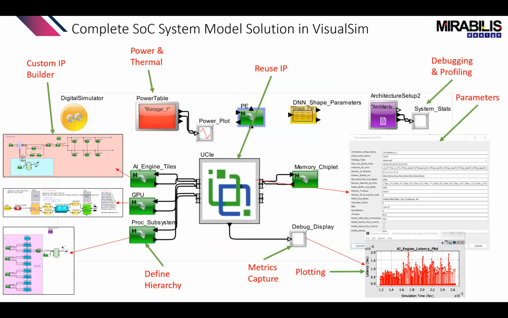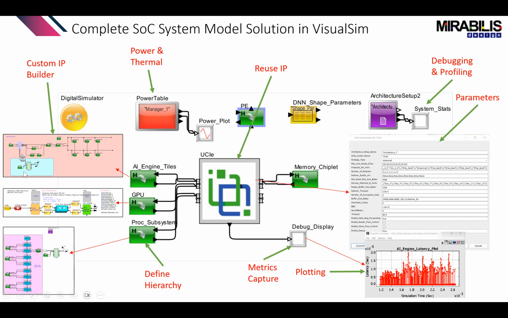Now, how does the solution work? You can build a model that uses pre-existing or reusable IP blocks that have a set of parameters that allow you to customize it to indicate a particular vendor or a particular implementation. There are a set of debugging tools and a set of statistics that automatically get generated from the model. At the same time, you can define your own hierarchies, and they can be multi-level hierarchies.